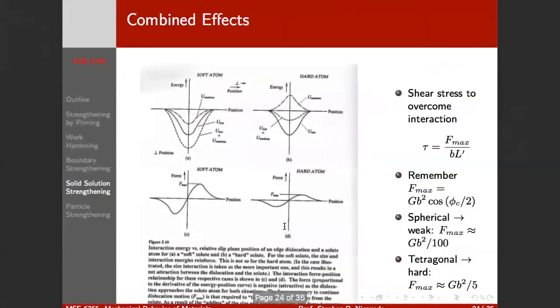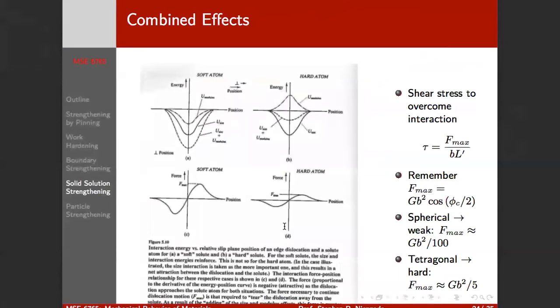So again, we'll look at it sort of quantitatively. But we can see that when we have a more compliant solute, our energy is additive, right? They're both the same signs.